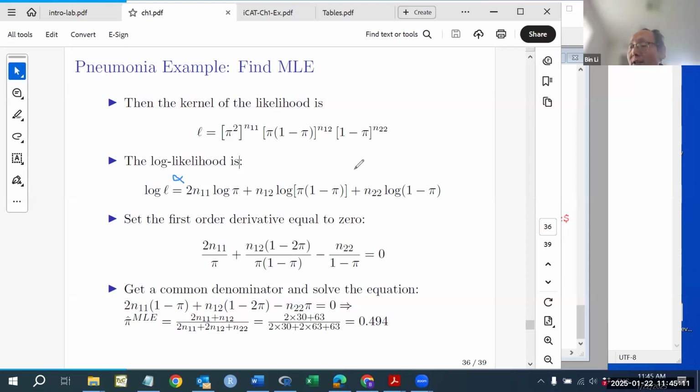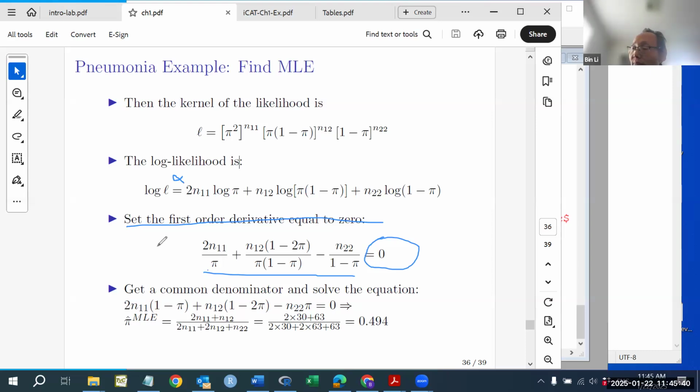So I take that away. Then I take the first order derivative of the log likelihood, and I set it to be 0. That's the old trick: to find the maximum value, just take the first order derivative and set it to 0, and then we find what pi is.